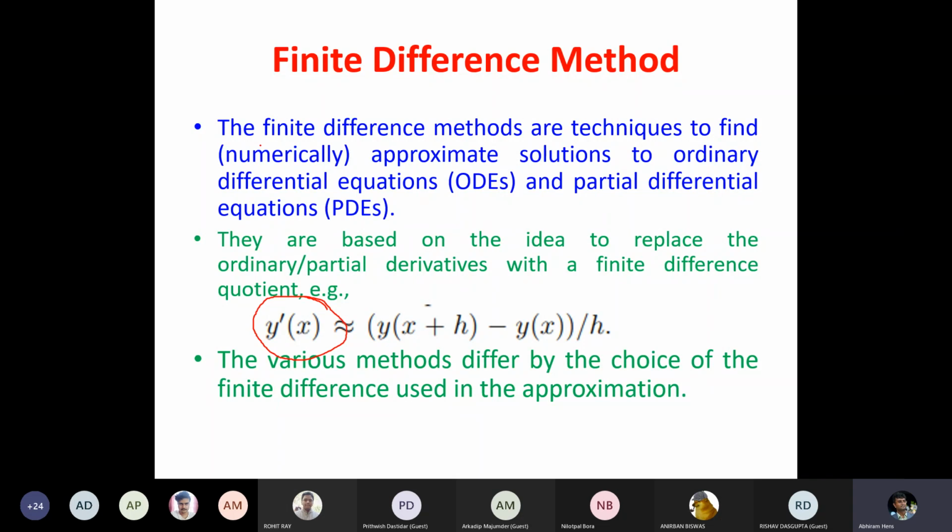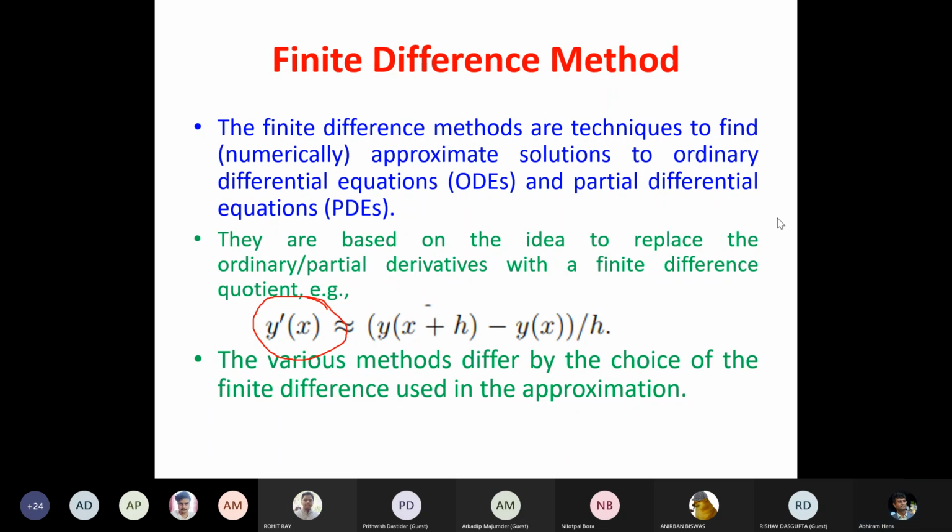Let me read out the lines first. Finite difference methods are techniques to find numerically approximate solutions to ordinary differential equations and partial differential equations. Here we are dealing with partial differential equations. They are based on the idea of replacing the ordinary or partial derivatives with a finite difference quotient, for example this one.